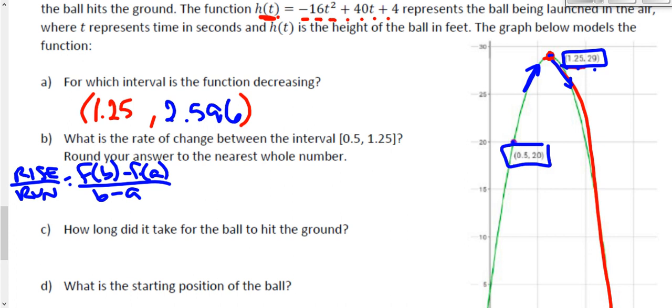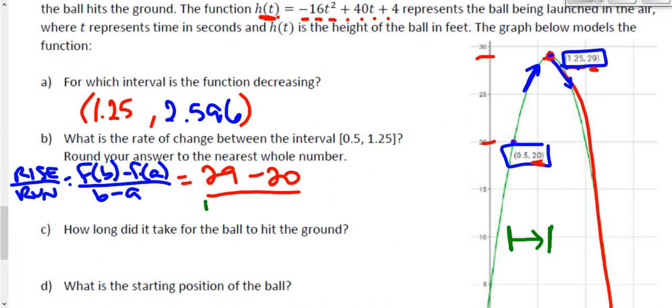So f of b is the y value from the coordinate pair, which is 29, and f of a is the y value of the first coordinate pair, which is 20. So that's the ending height minus the starting height. That tells me my rise, divided by my run, which is going to talk about my ending x value minus my starting x value. That talks about how far to the side I went.